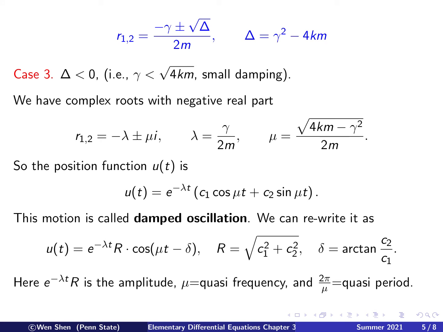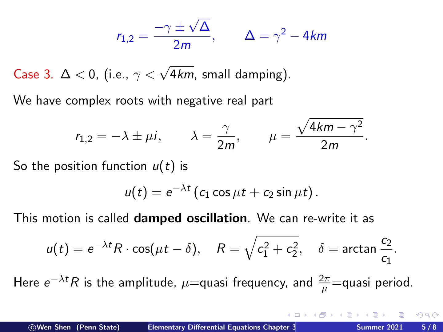Okay, so we can also be more specific and rewrite this in terms of the amplitude and the phase. We know a term like this, which we have manipulated, can be written as r times cosine of mu t minus delta, where r is the square root of c1 squared plus c2 squared. This is a manipulation we did in the previous video.